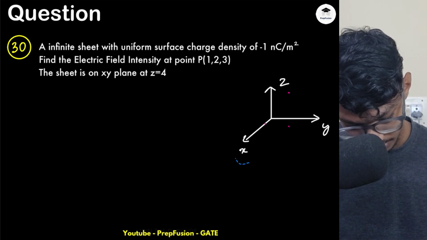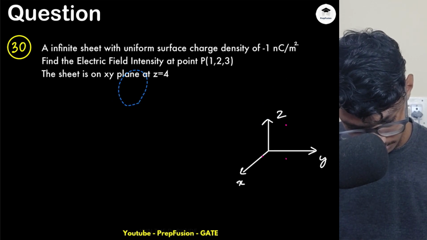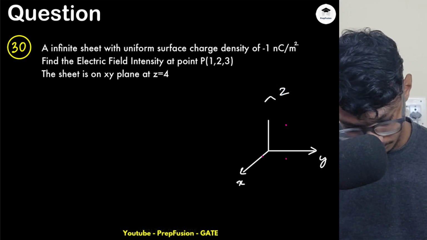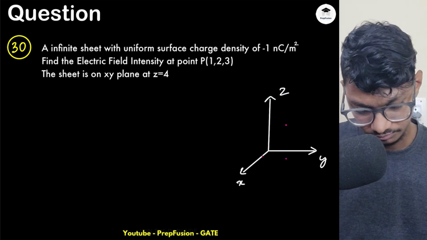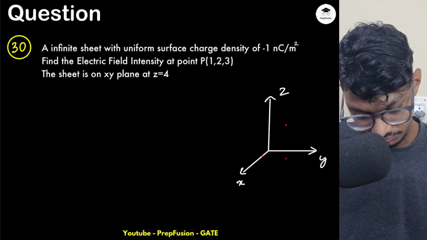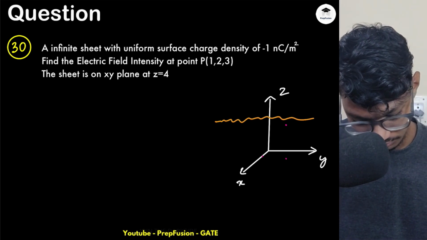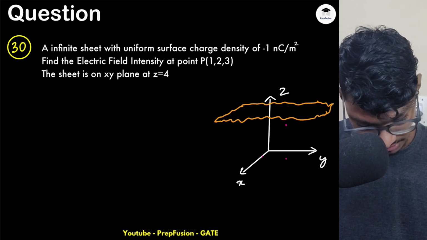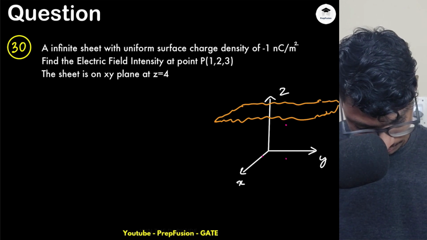So everything will be changed basically. The plane will be somewhere around here. This is the infinite plane, and this point is positive, this plane is negatively charged. So we'll take care of the direction as well.